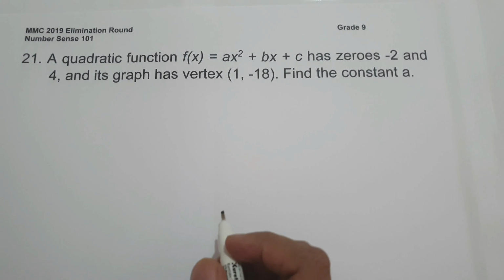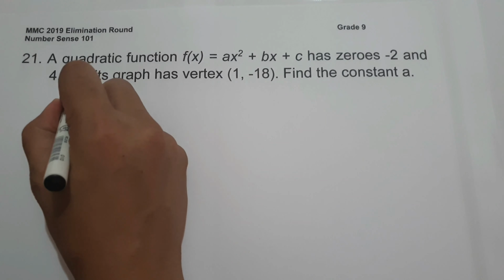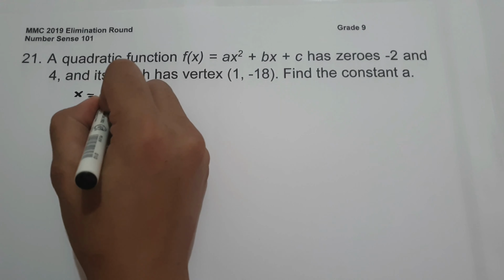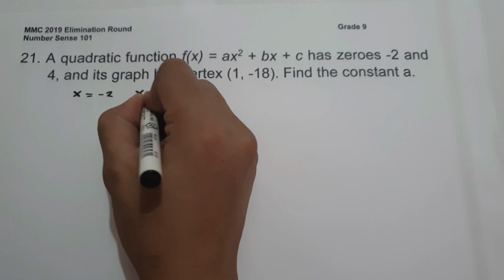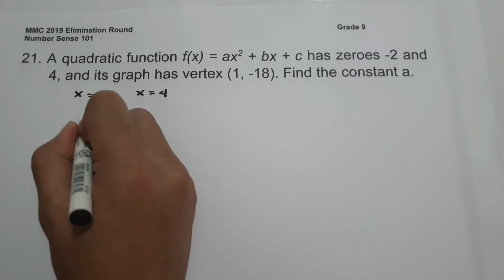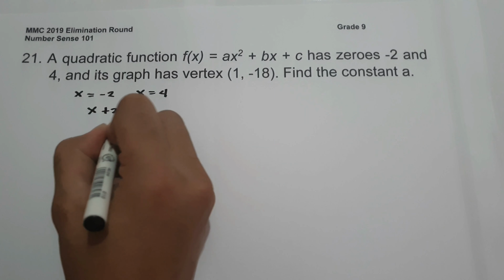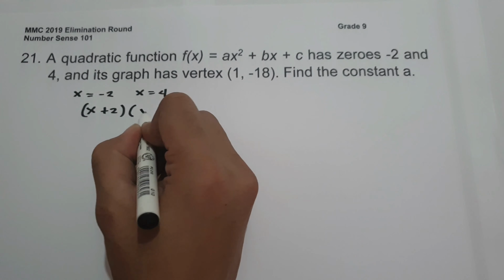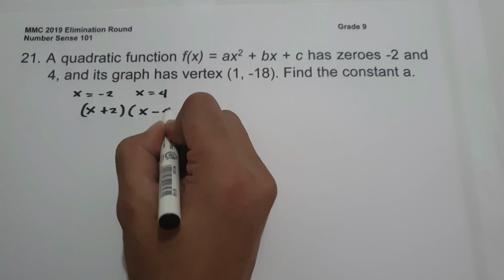And in order for us to do that, let us have x equals negative 2 and x equals 4. If you move negative 2 to the side of x, it will be x plus 2, and this one is x minus 4.